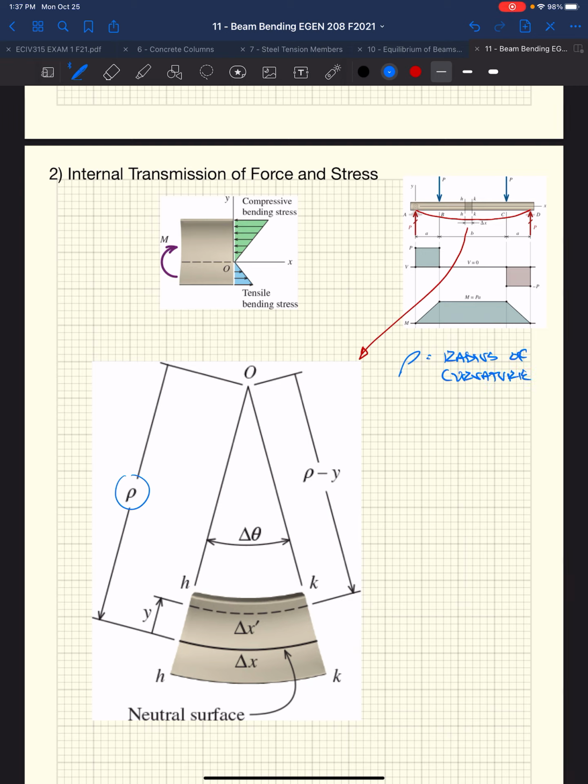This is where it gets interesting. If we took a very small sliver of this beam, say delta x is small, that also means this angle is very small. Even if you had a beam that deflected a lot, if you looked at a very small portion of that beam, the angle over which you are looking is super small.